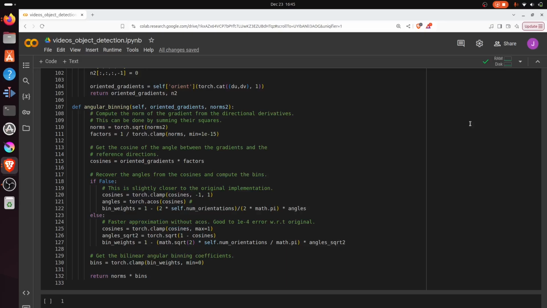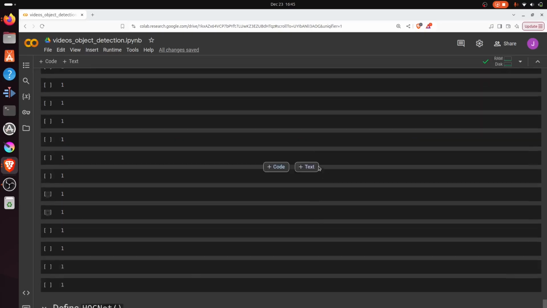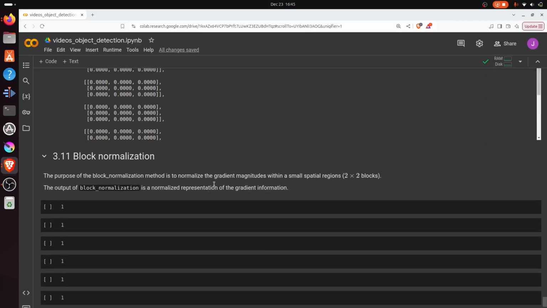Okay, that is what we did in the last session, and today I'm going to talk about so-called block normalization. So what is the function that we are going to define today going to do for us? Well, the purpose of this block normalization function is to normalize the gradient magnitudes of a given spatial region, and we're going to be working with 2x2 blocks, as we'll see.